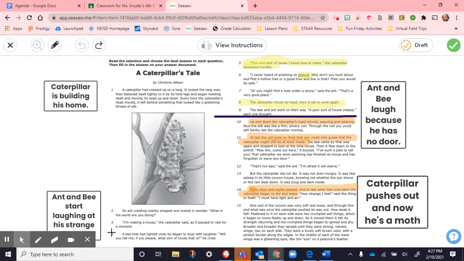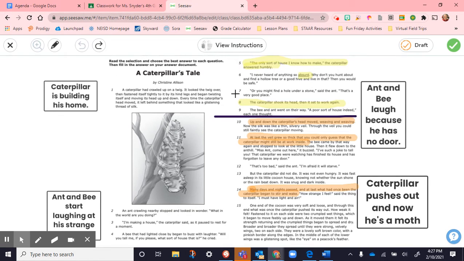So they're teasing him, and the bee says, I've never heard of anything so absurd, so silly, so ridiculous. And he's staying very humble. He's just making the only house he knows how to make.